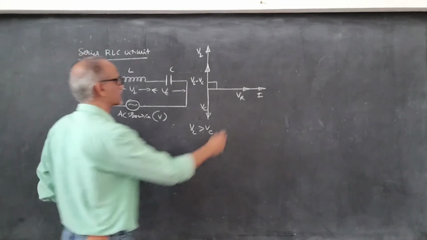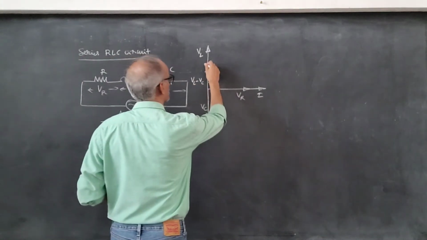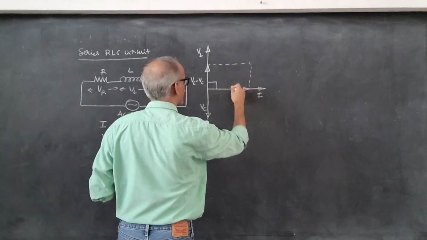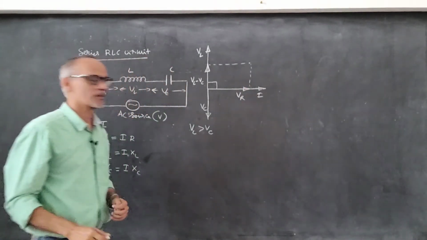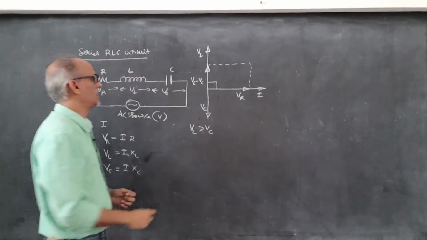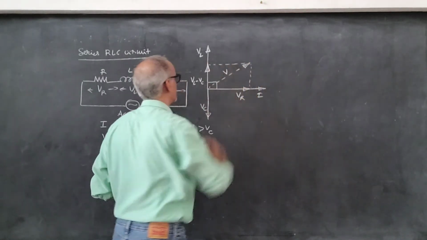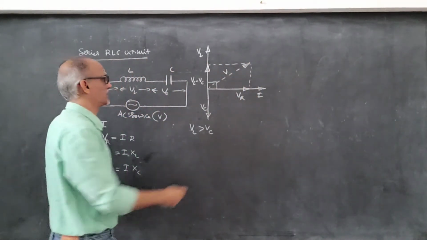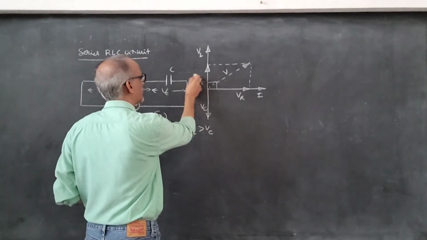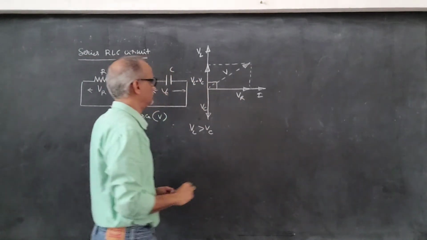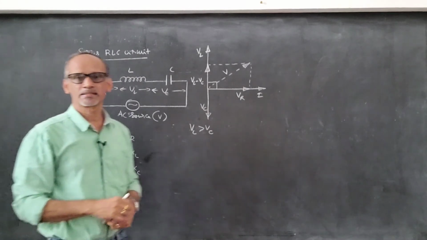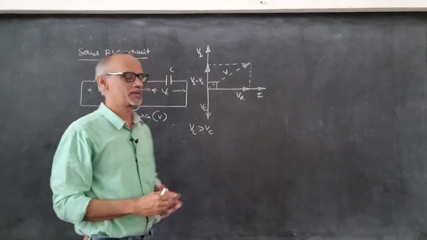Now I have to find the resultant of VL minus VC and VR. So construct a parallelogram. In this case, we get a rectangle, and the diagonal gives the resultant, which is V. The angle between these two phasors is 90 degrees. When theta is 90 degrees, R is equal to root of P square plus Q square.